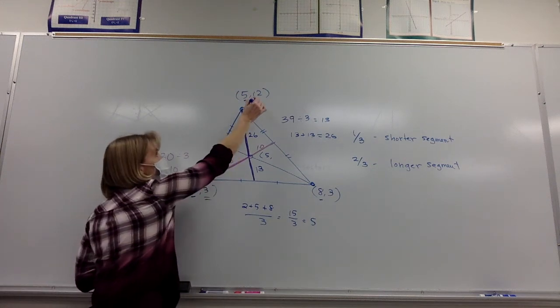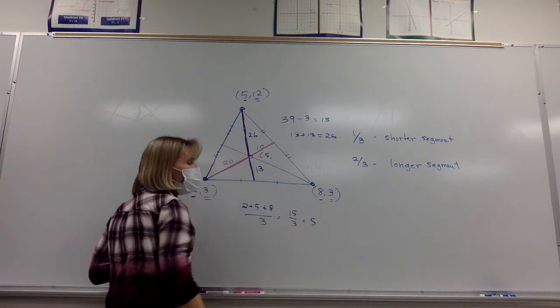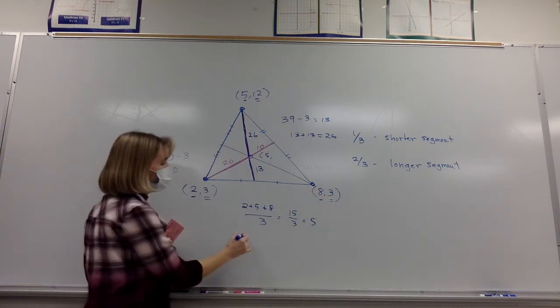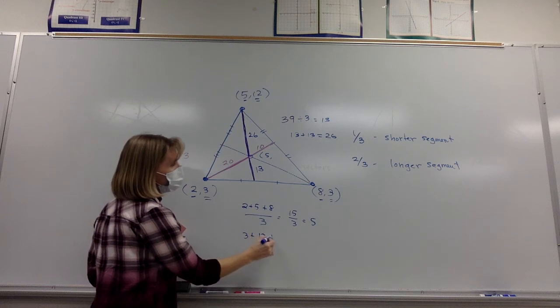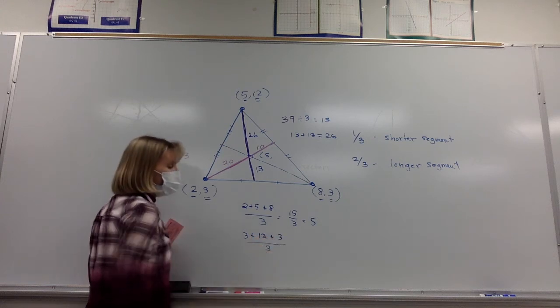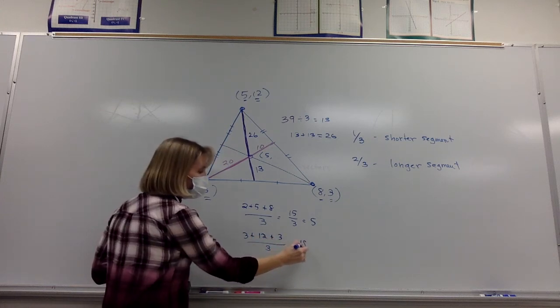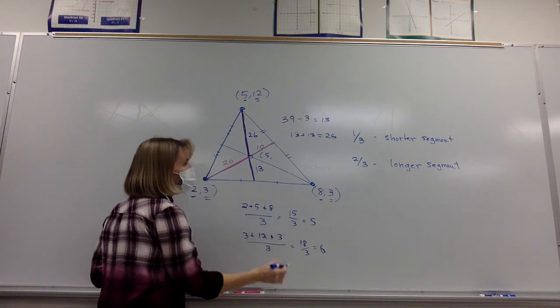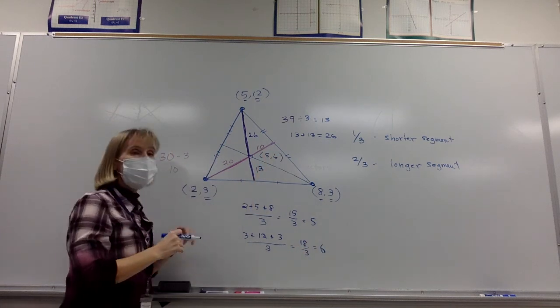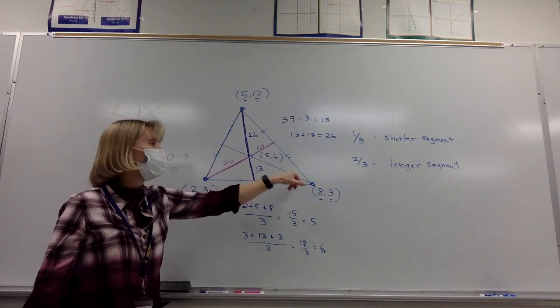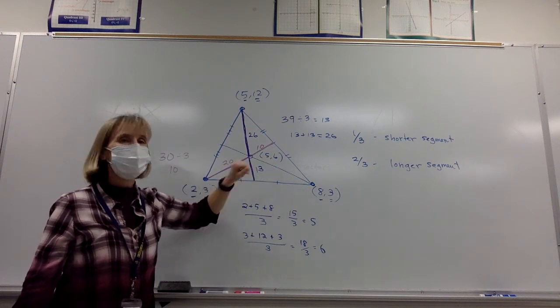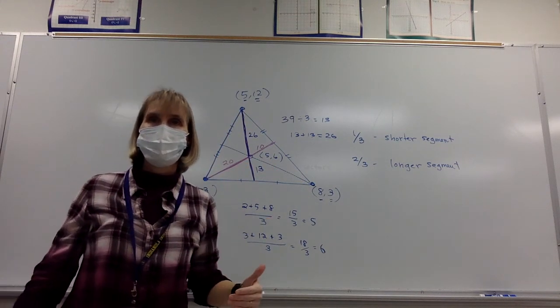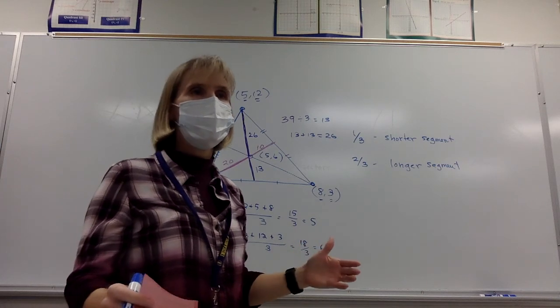You take the y-coordinates, add them together, and divide by 3. So I would take 3 plus 12 plus 3 divided by 3. That would be 18 over 3, which is 6. So if this were on a coordinate plane and those were the 3 vertices, that's where the centroid would be located, at 5, 6. You can just do that by averaging the corners.